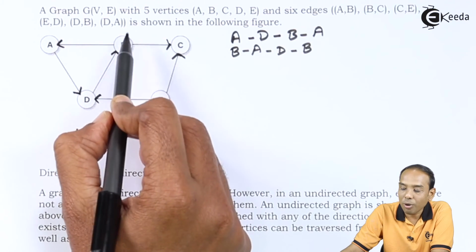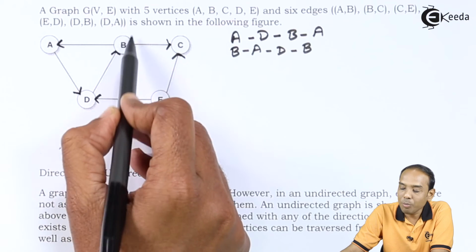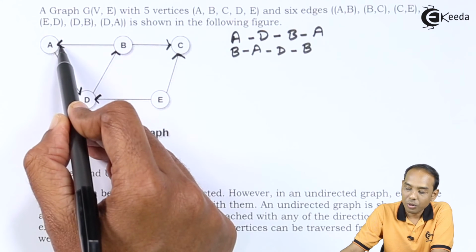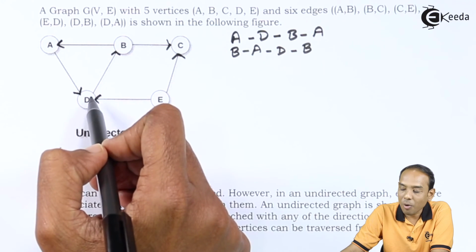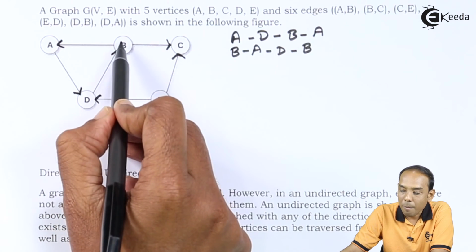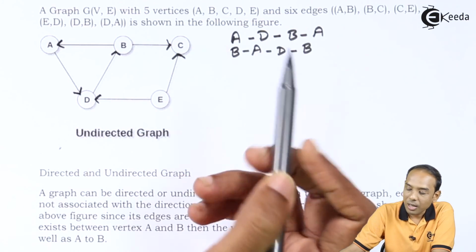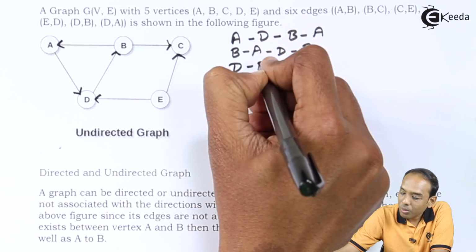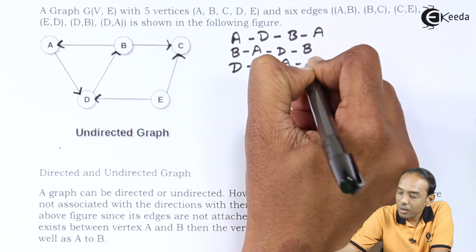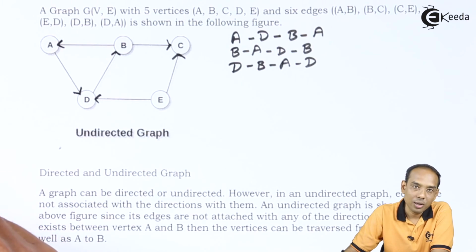So there is no use going from B to C. I can then move from B to A, and from A, I can once again travel back to D. So our path becomes D to B, B to A, and again A to D.